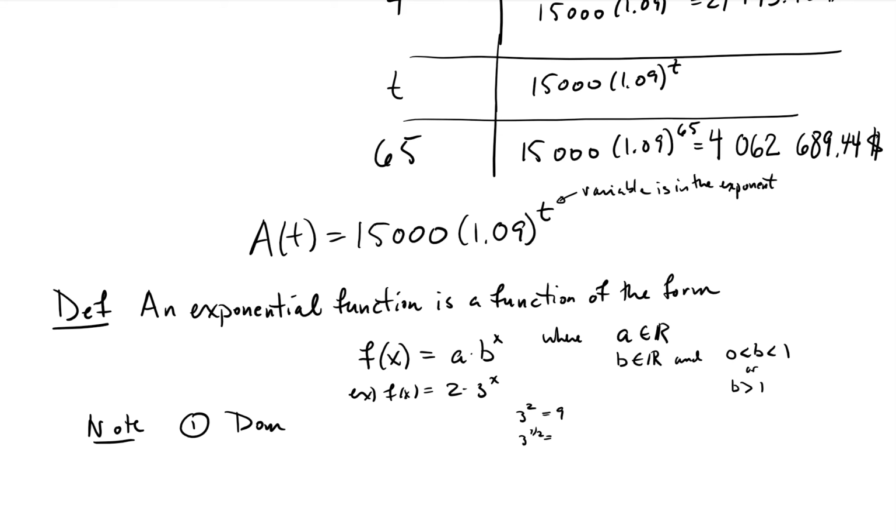But you can even replace it by a fraction, like 1/2, that would be the same as square root of 3. And you can replace it by a negative fraction, right? Remember, that's going to be 1 over 3 to the 1/2, so that's 1 over root 3. So it's possible to replace x by positive and negative numbers, and even 0. 3 to the 0 would be 1. So the domain is all real numbers.